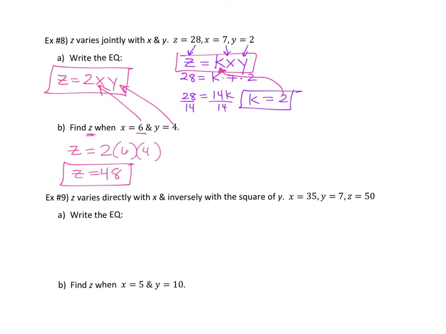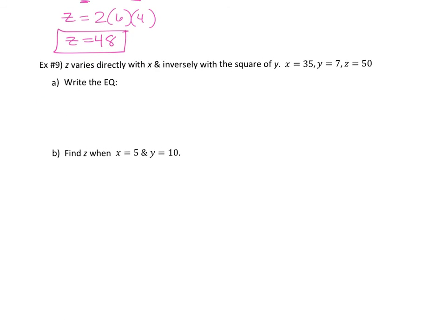Okay, last one. This one says z varies directly with x and inversely with the square of y. Okay, so z varies directly, don't forget your k, with x. Inversely means we're dividing, and then the square of y, so y squared. They tell us what x is, what y is, and what z is.